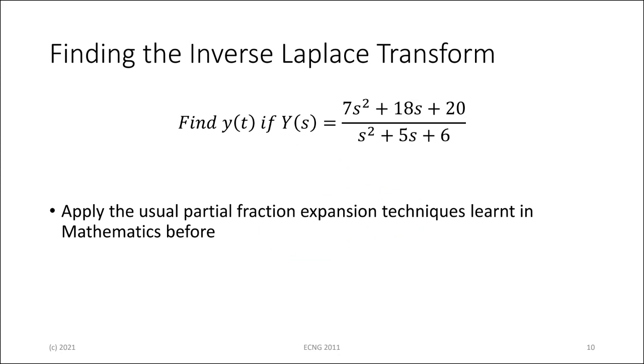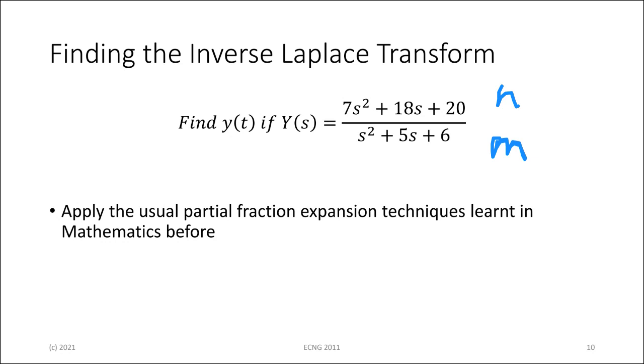So the first thing you do, a typical example, so here you have Y(s) equal to something, and you want to apply the partial fraction technique to find y(t). Well, the first thing you notice from this is that the coefficients n and m for the numerator and the denominator are not equal.